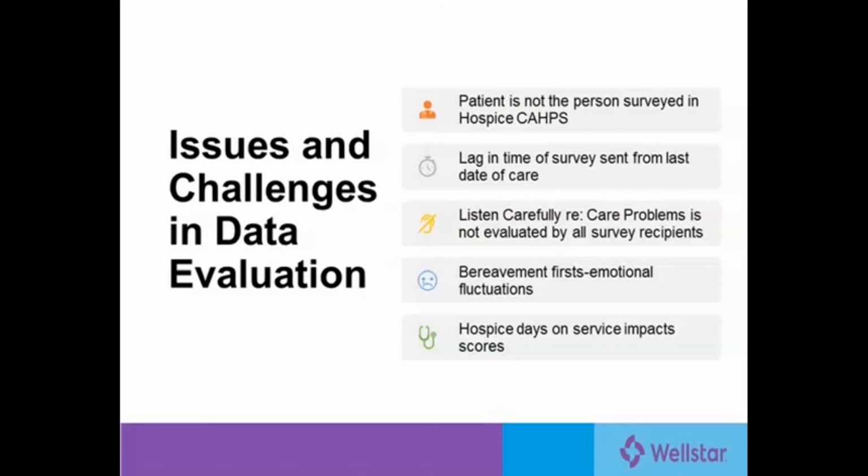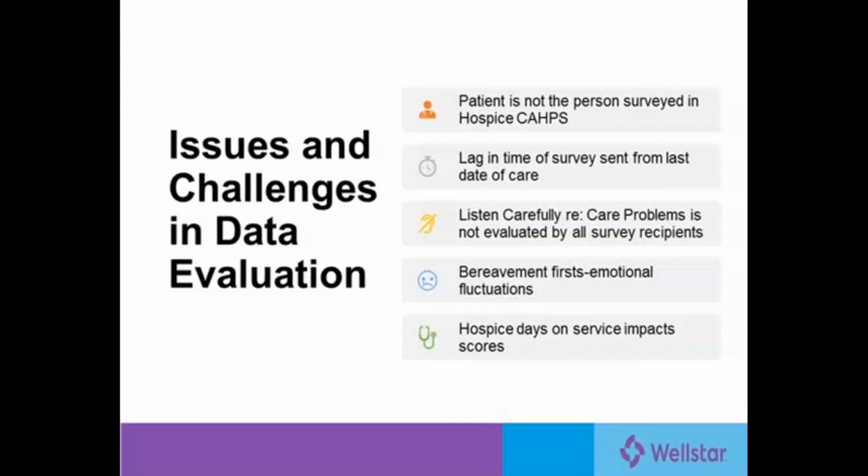They did not want to experience pain. They didn't feel like that was a key for them to go on to the next phase of their life spectrum. So you can see how a family may grade us very differently than the patient may have, and helping them communicate that is a big piece for us in hospice.